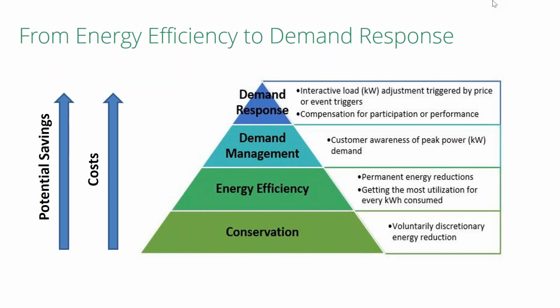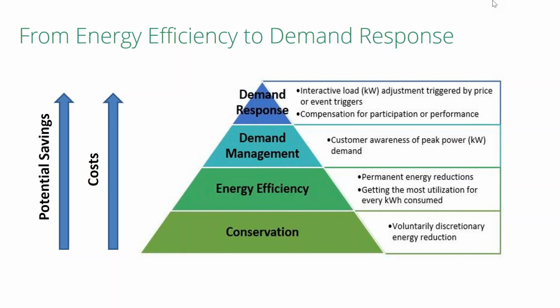It ranges from the pure and basic conservation of energy, which involves changes in behavior and the use of energy. So turning the lights off and these typical things that you hear. Exactly. Okay. The next step is energy efficiency, so making permanent energy reductions and getting the most utilization out of every kilowatt hour consumed. The third step is demand management, which involves the implementation of any energy management software or some kind of automation.